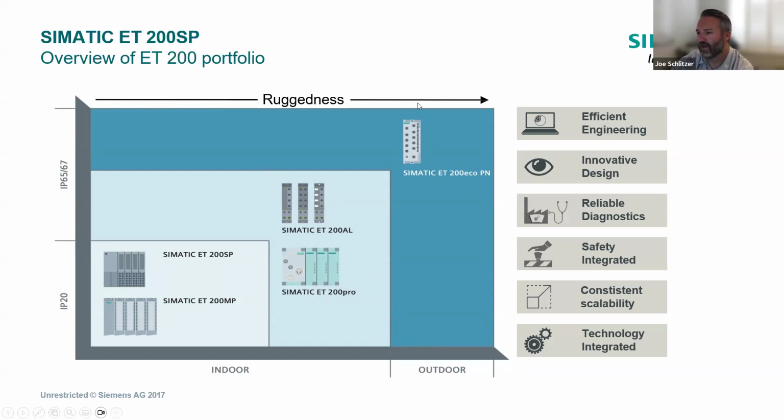Basically, you have an interface module, and that connects back to your CPU over Profinet. And then you have all these I/O modules that get connected with Profinet. There's also the Simatic ET200pro, and then there's the Simatic ET200eco PN. The ECO PN is nice. You don't have an interface module. It's built into the I/O module, so you just run power and an Ethernet cable, and then your I/O cabling back to your sensors, all in one module.